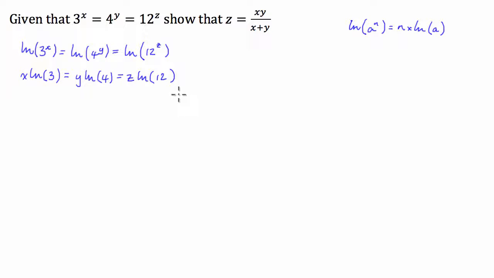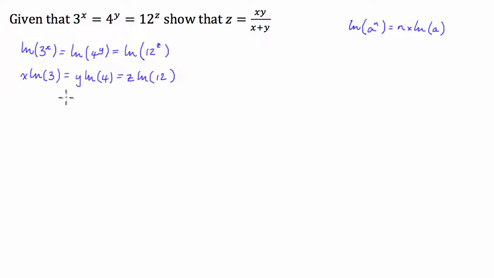Now, once we've got this equality sorted out, we need to get our equations in terms of x's and y's so we can start trying to put together the right-hand side of the equation we're going to try and prove.